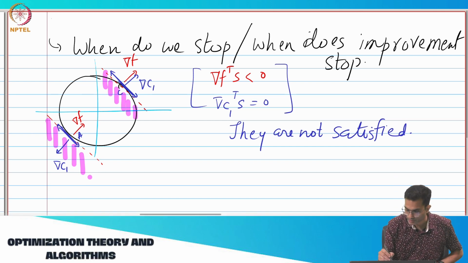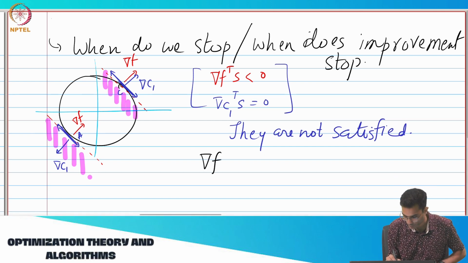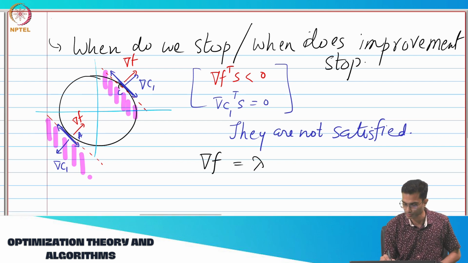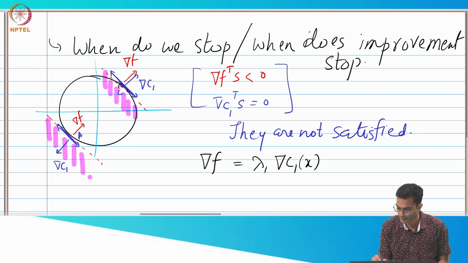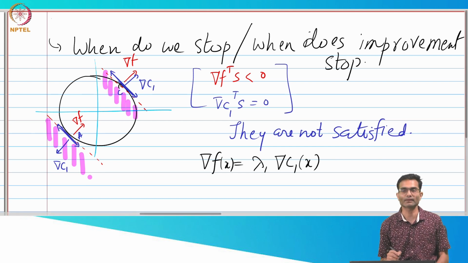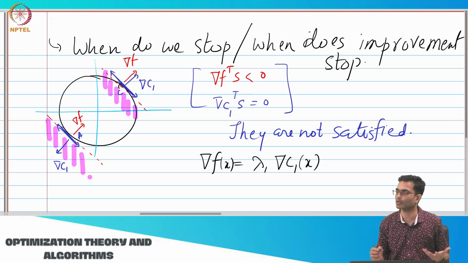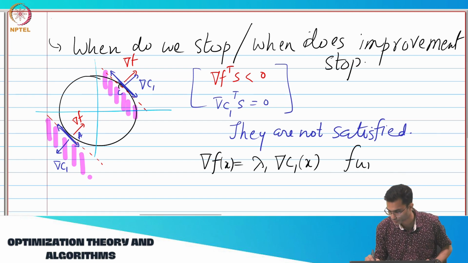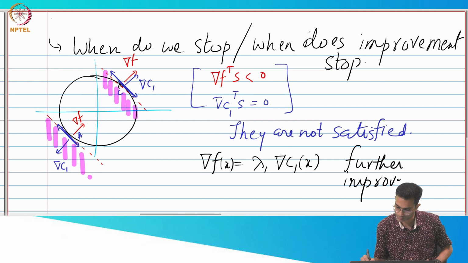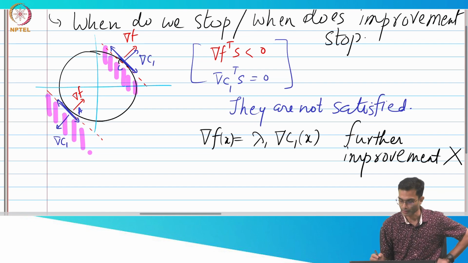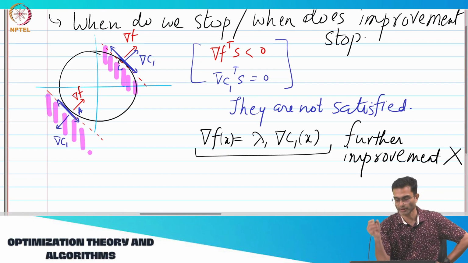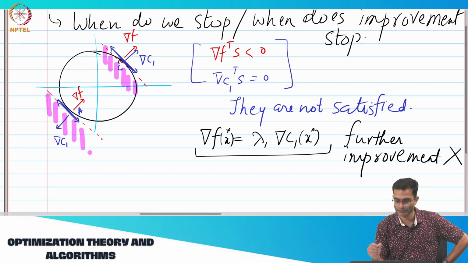So, I can quantify this: when grad f is equal to say some lambda 1 times grad c1, then further improvement is not possible.